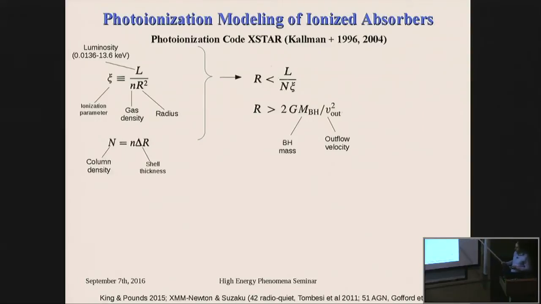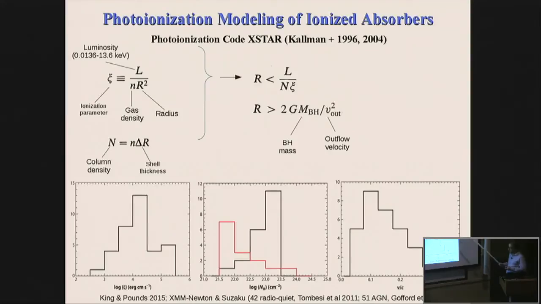Here we see the range of parameters for a sample of around 42 radio quiet AGN from the literature. From this paper, you see this is the result for ultra-fast outflow. As you see, the ionization parameter is in the range from 2.5 to 5.5, and the column density is in the range from 21 to 24.